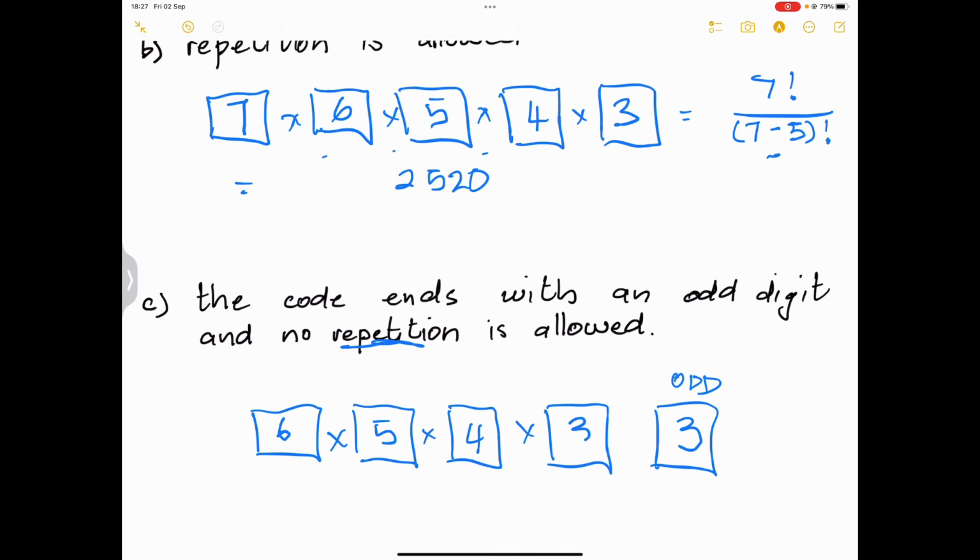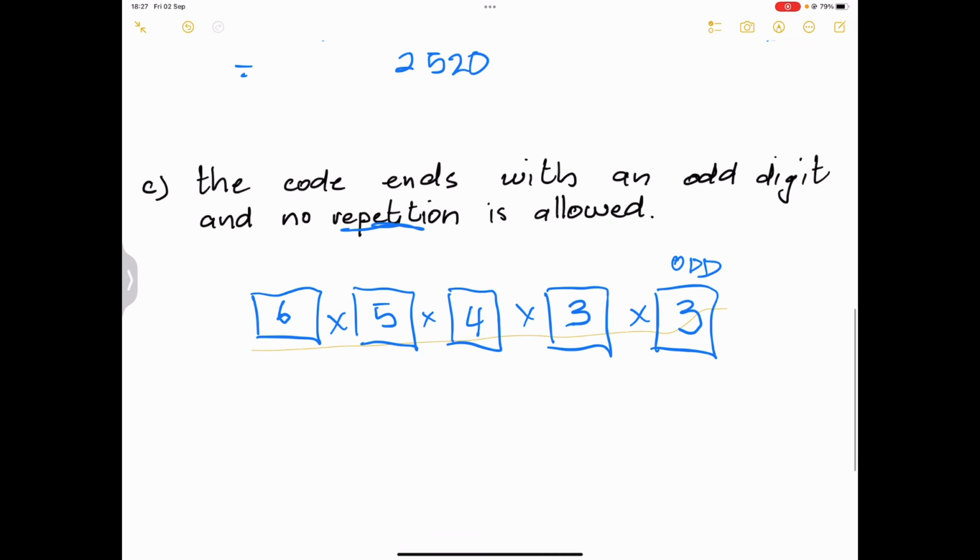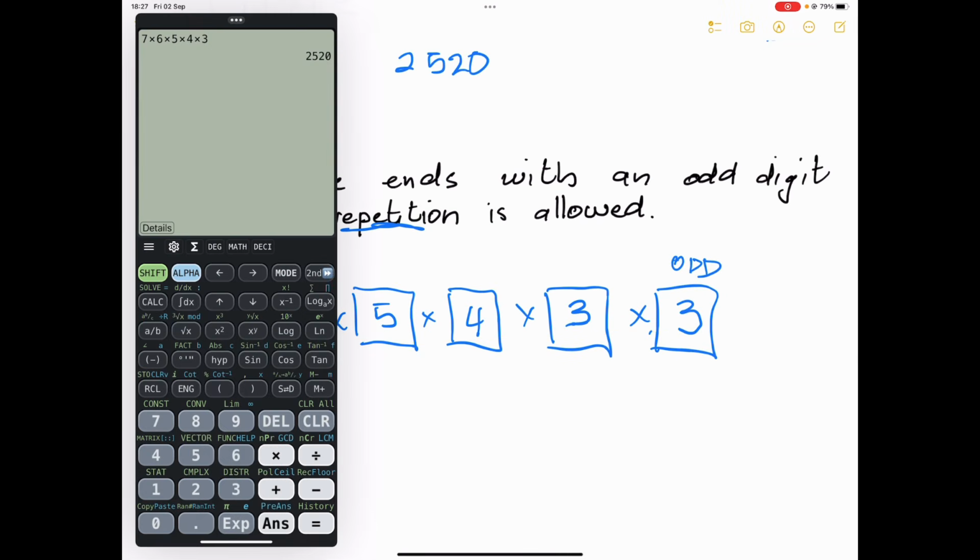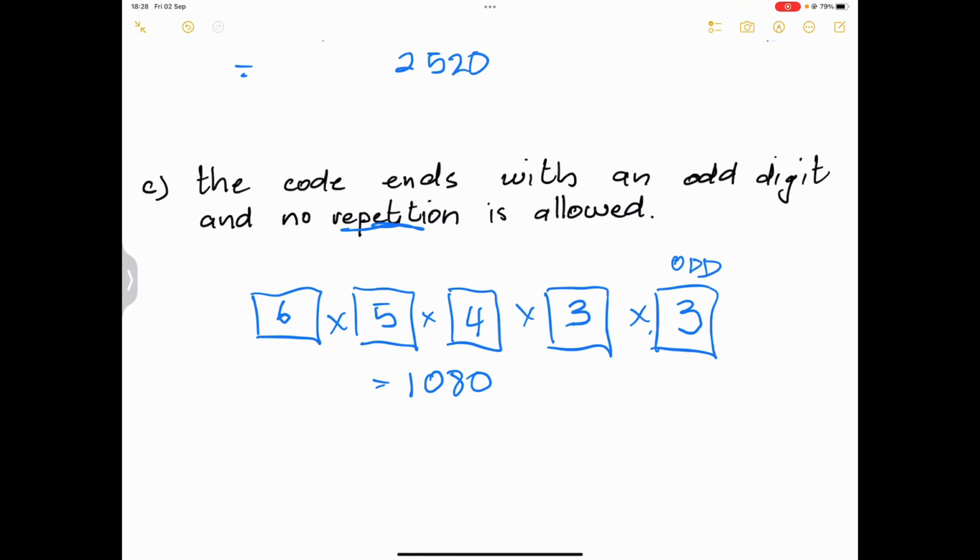You've got 3 that you can choose from. All right. So that would be the number of possible outcomes that you can have. So that would be 6 times 5 times 4 times 3 times 3. And in this case, that would be 1,080 possible combinations that you can make.